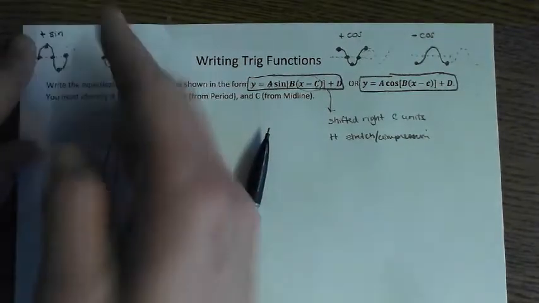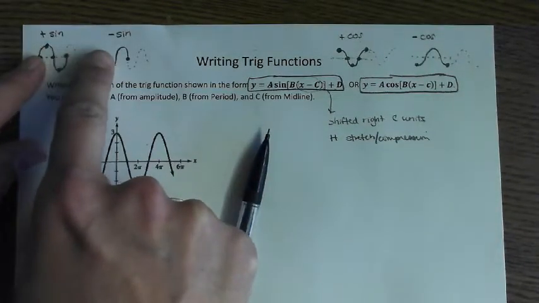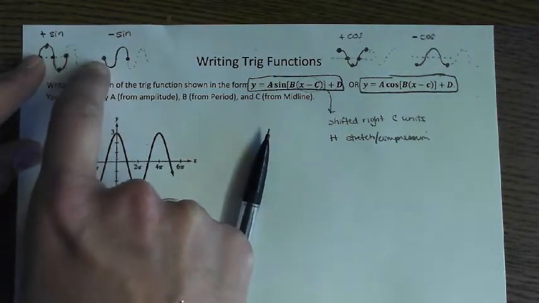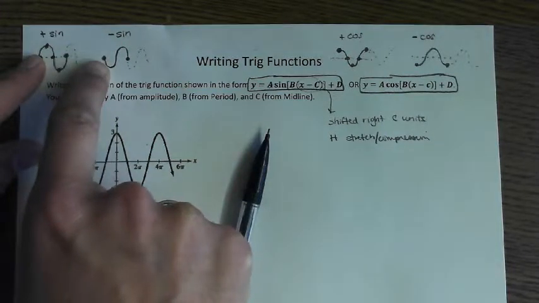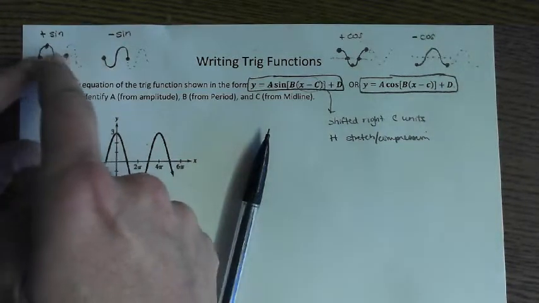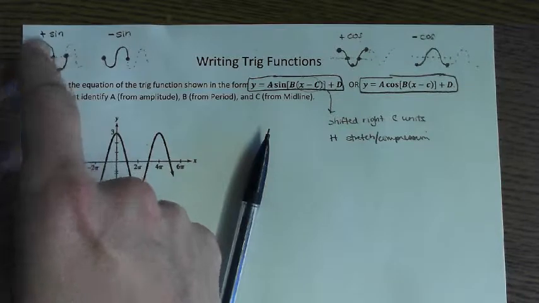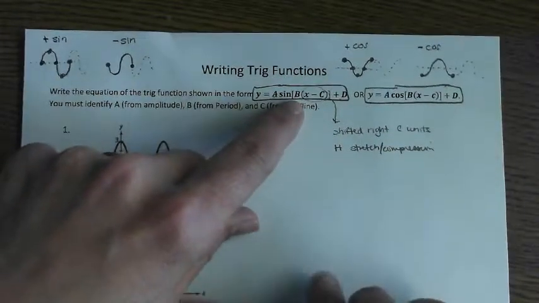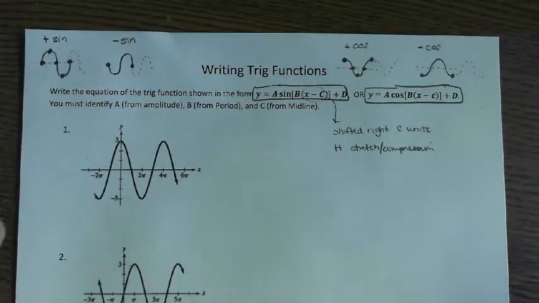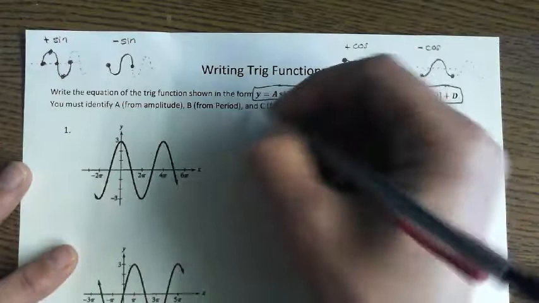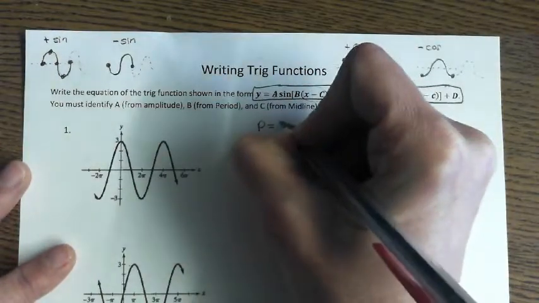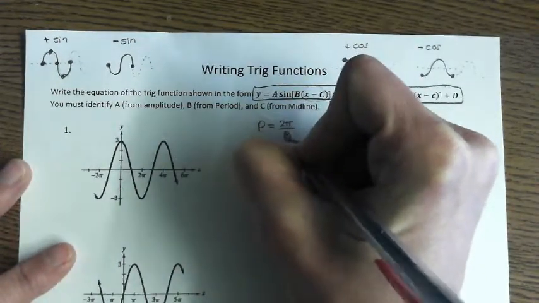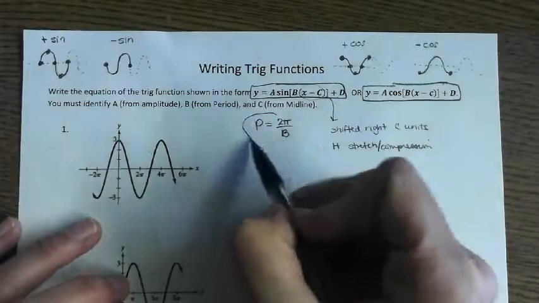If I stretch it horizontally, it's going to take longer for that full cycle to complete, so your period would have increased. If I compress it horizontally, it's going to make my period smaller. So B is going to be affected by your period. And there's a formula that we have to use often: period equals 2 pi over B. We're going to use that a ton.